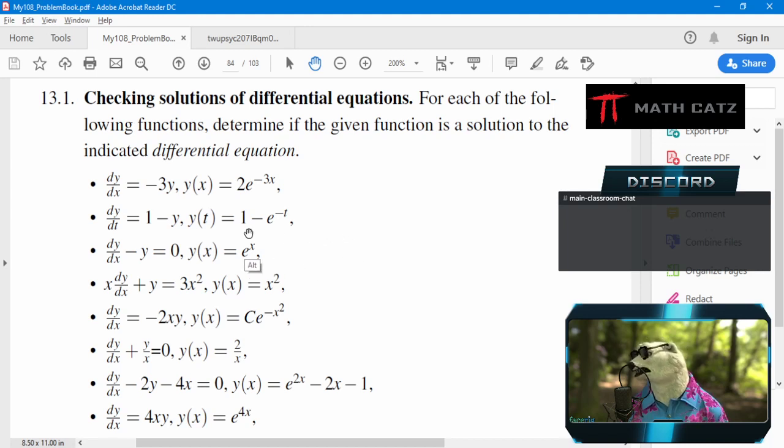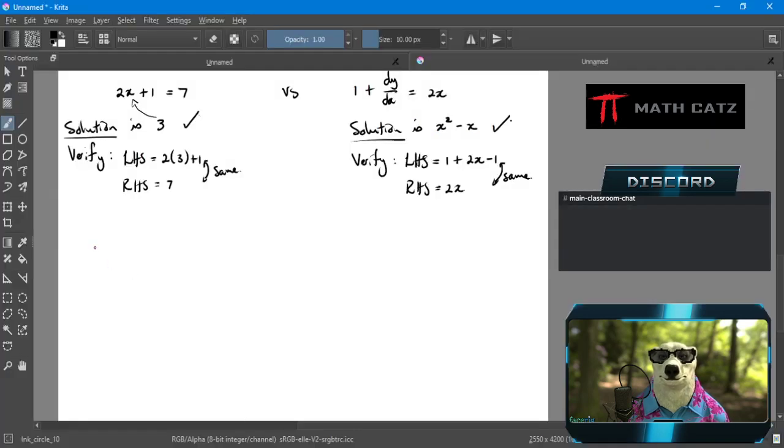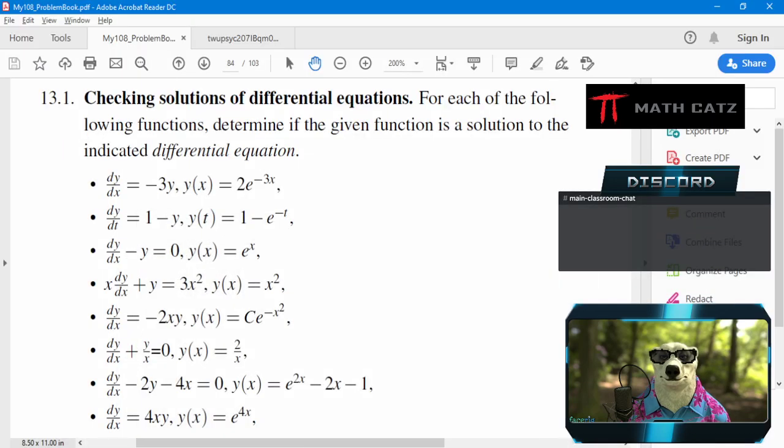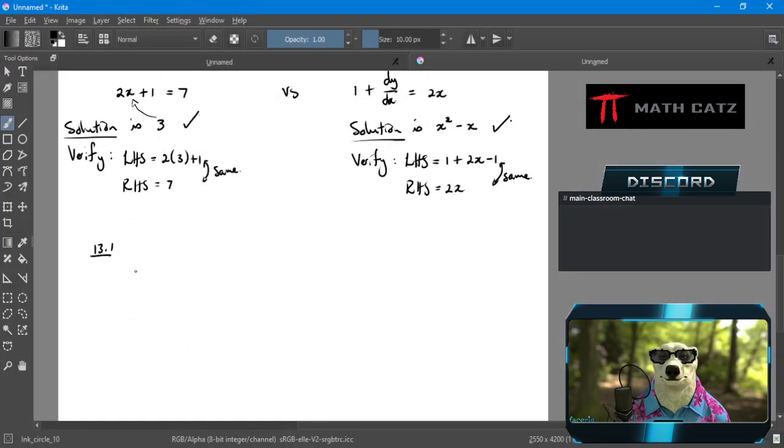So let's just do number 1, for example. The first one, the first dot in 13.1. I have a differential equation first. What is it? It is dy dx equals 3 times y.